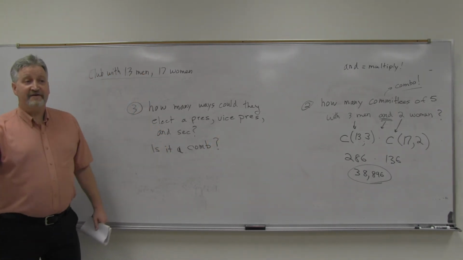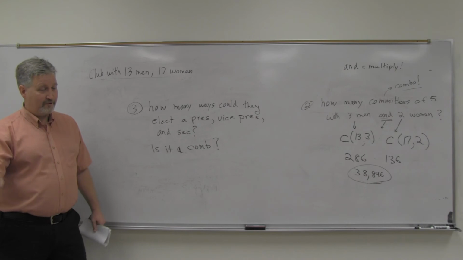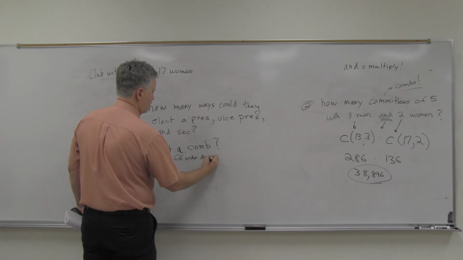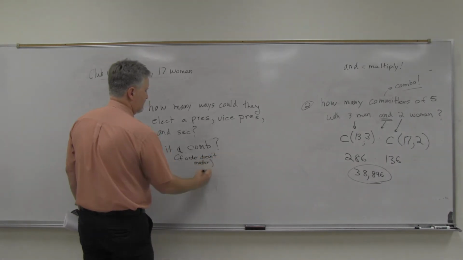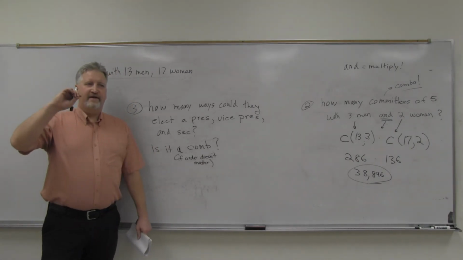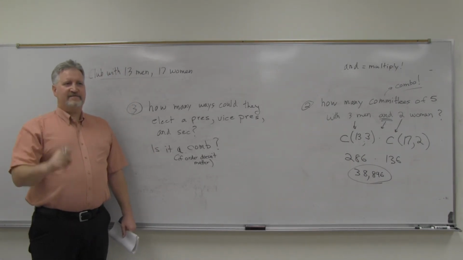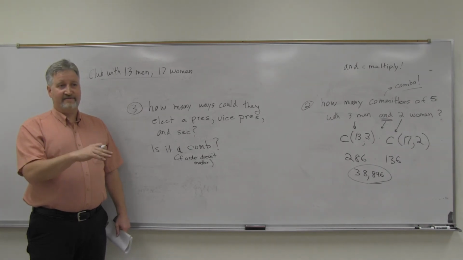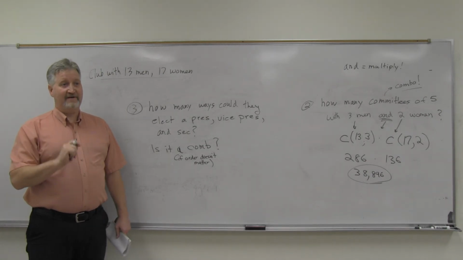It's a combination if the order doesn't matter. In other words, CBA is the same as ABC. If the order doesn't matter like that, it's a combination. If the order does matter, it is not a combination.